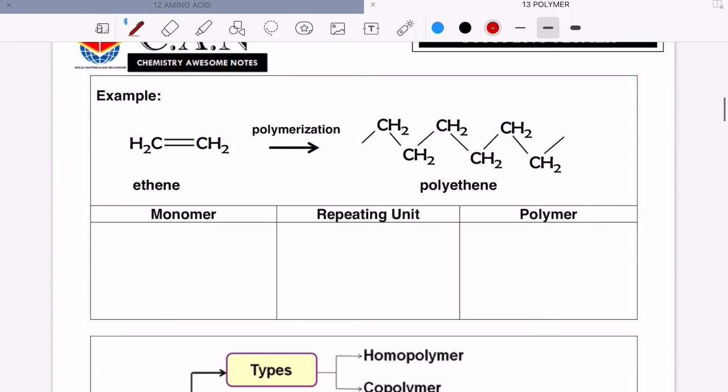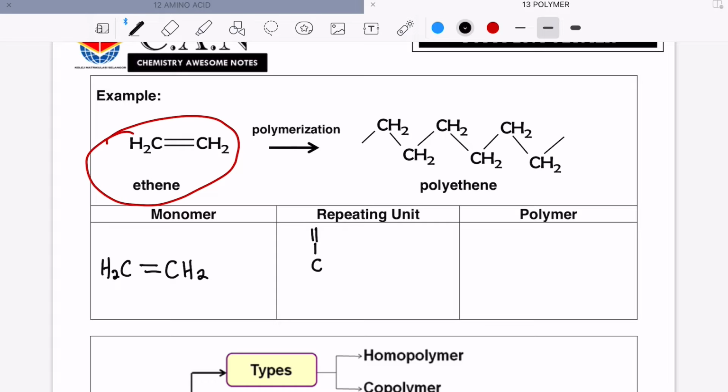So for example, in this example, as you can see here, our monomer is ethene. Okay, so this is our monomer. Now from this monomer, we can produce the polymer. Since ethene has a double bond, it will undergo addition polymerization, where in the end you're going to get the repeating unit where the double bond is broken up.